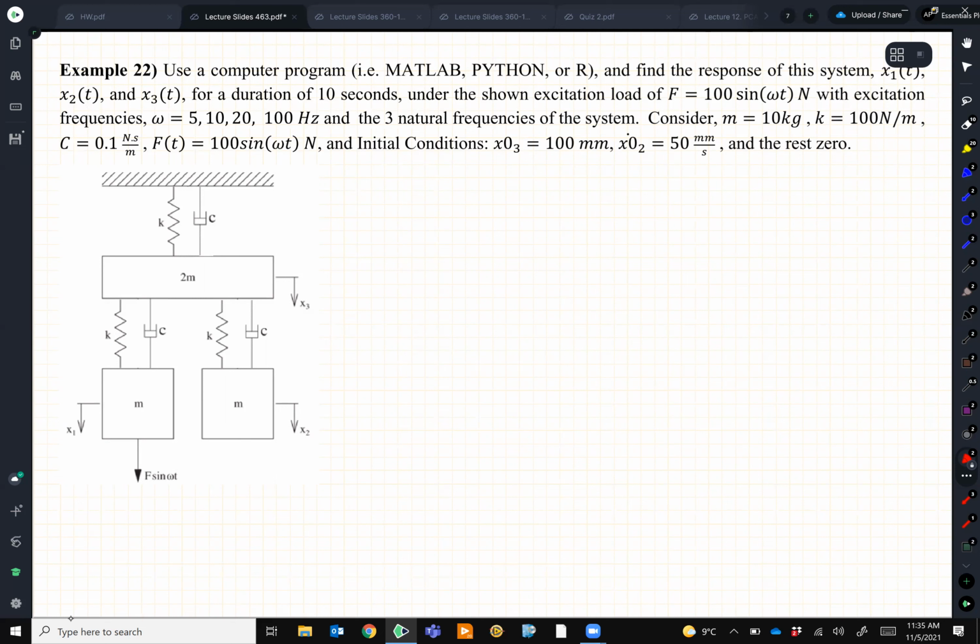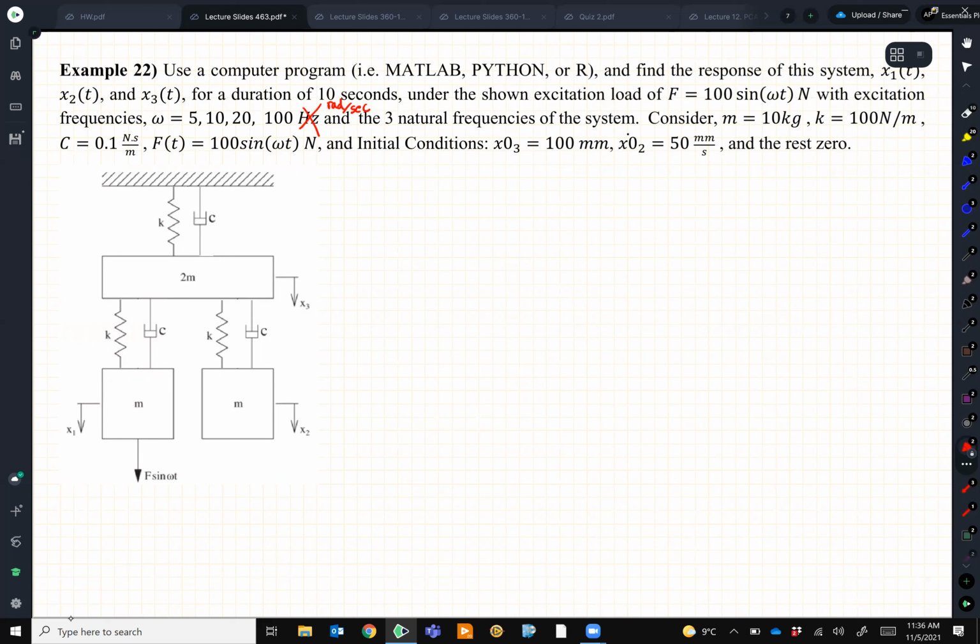So I have this 3 degree of freedom system with all these numbers. And by the way, there is a typo here. Please correct it. Omega is radian per second. That was just a typo.